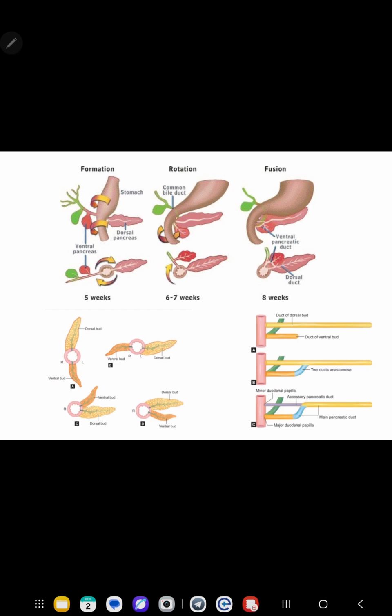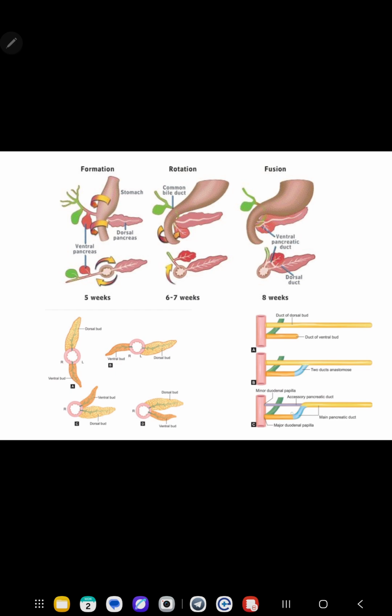This is normal. In 60% of people, the majority of drainage is by the duct of Wirsung, but some secretions from the head can drain through the accessory pancreatic duct to the minor duodenal papilla.